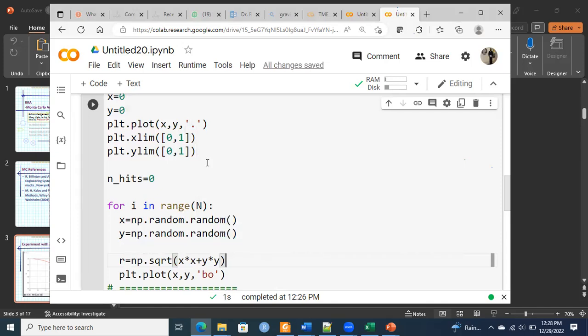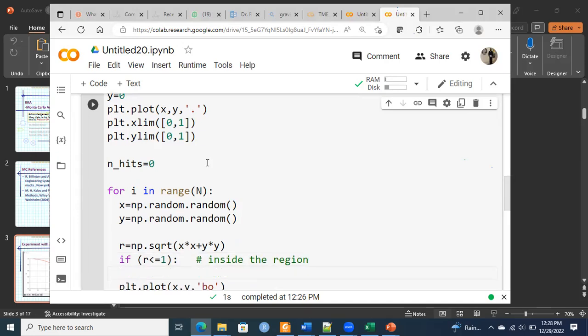This is like the curve line. And now I say if r is less than or equal to 1, it means it is inside the region, under the curve. We are looking for the area under the curve.